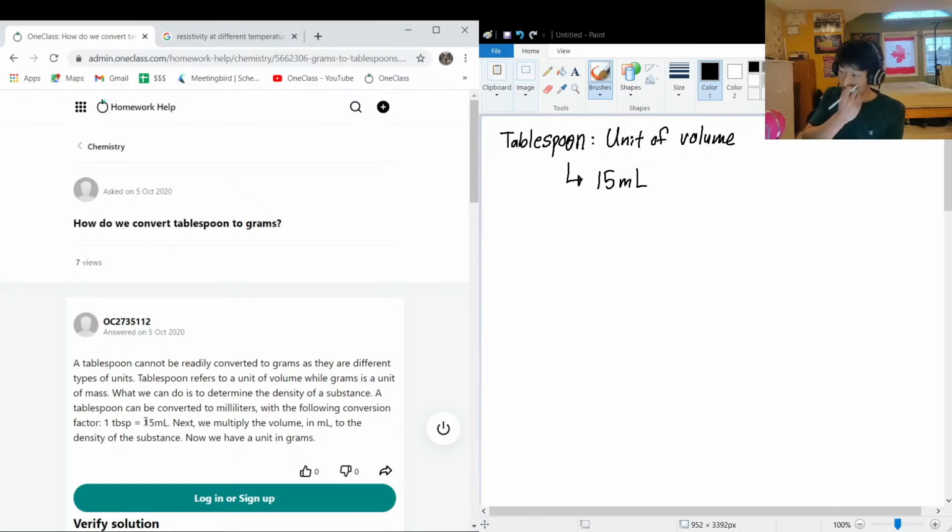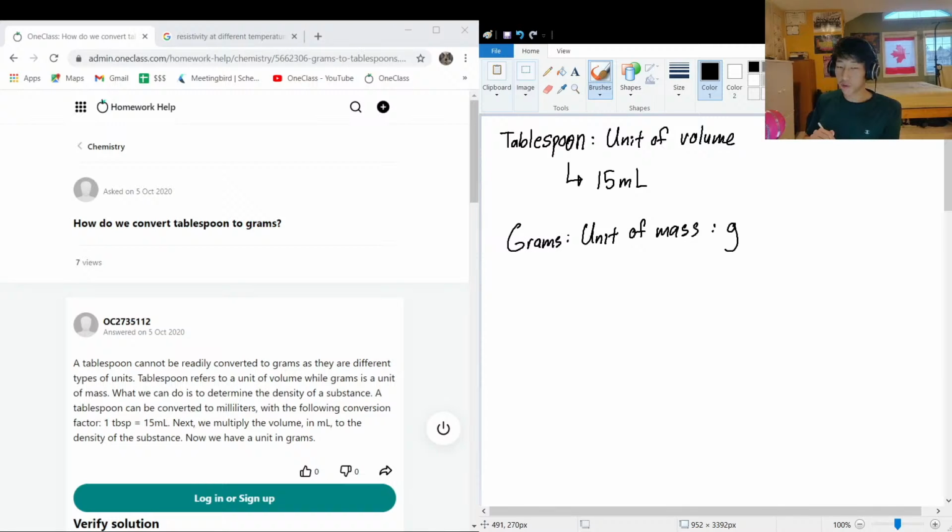But grams is a unit of mass. Its symbol is lowercase g for gram.